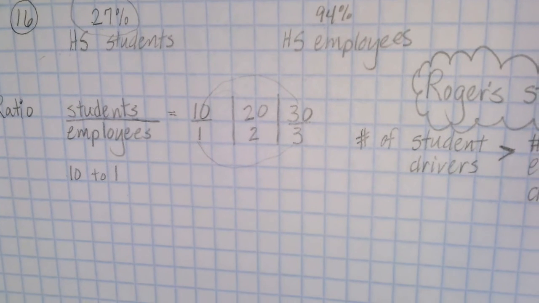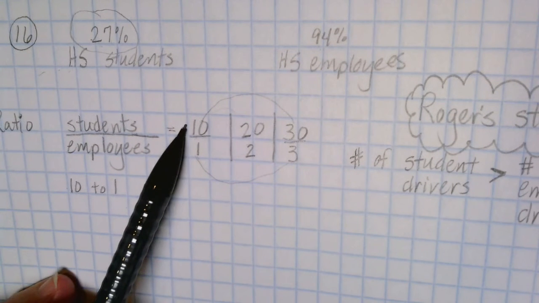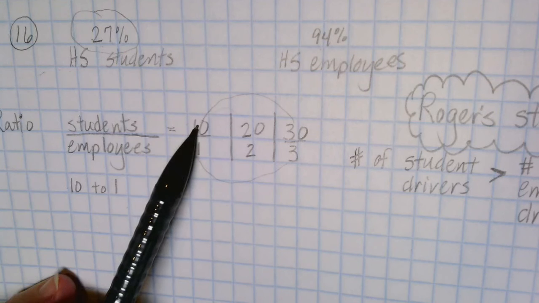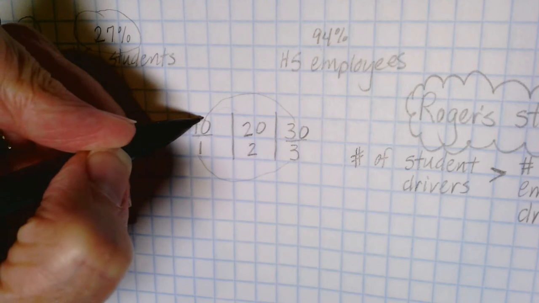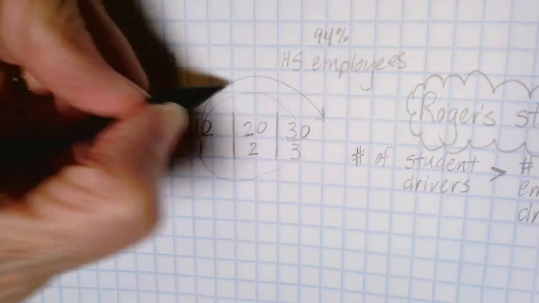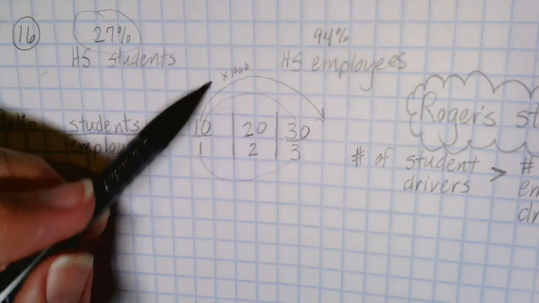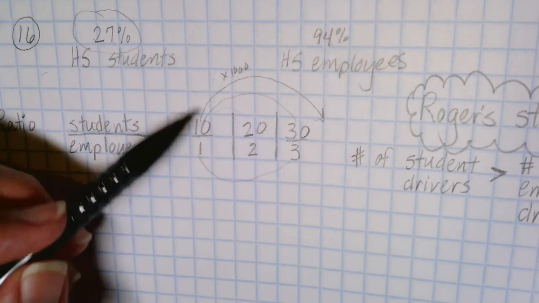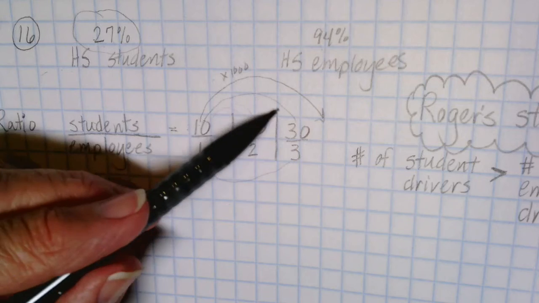And let's say that instead of 10 students in the high school, let's have that number multiplied by 1,000. So let's multiply 10 times 1,000. Here we multiplied it by 2. Here we multiplied it by 3.